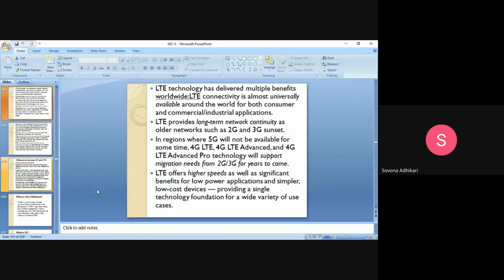LTE offers higher speed as well as significant benefits for low power applications and simpler low cost devices, providing a single technology foundation for a wide variety of use cases.